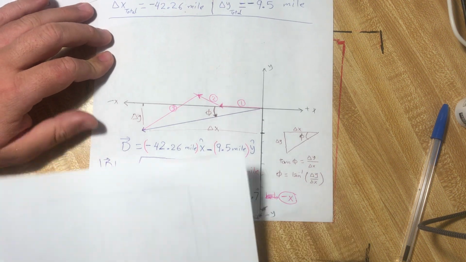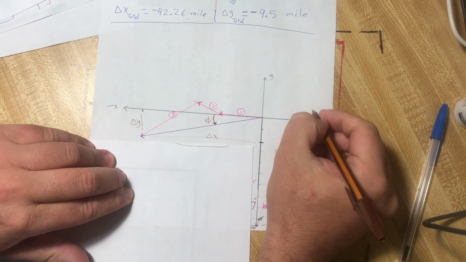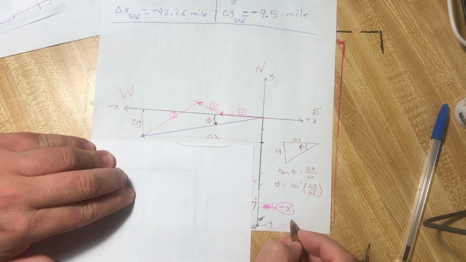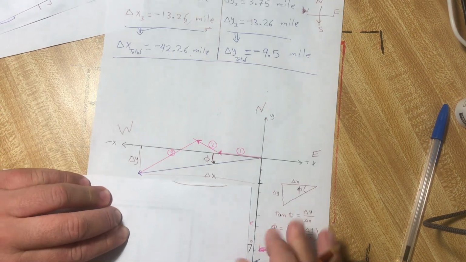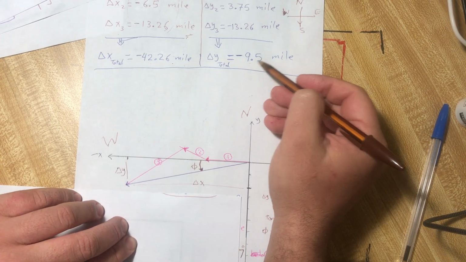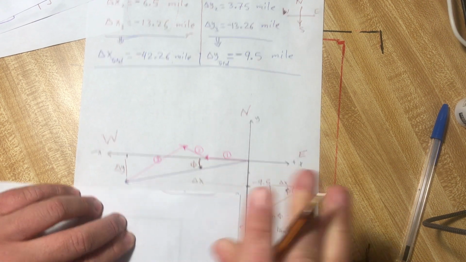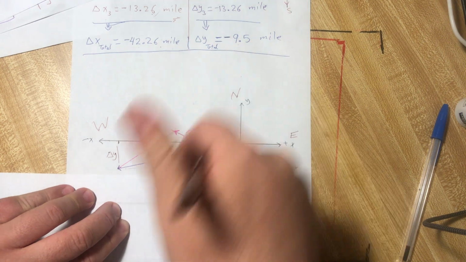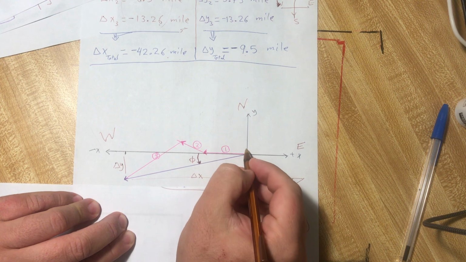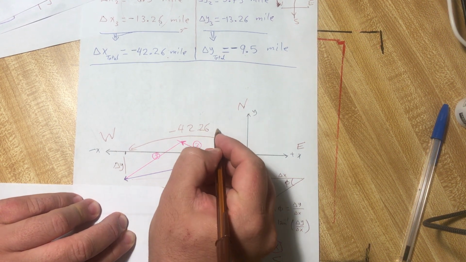I'll draw this xy plane. Positive x means east, this is north, this is west, and this is south. Its change in position is negative 9.5 miles. This is negative 9.5, approximately the same scale for its movement. And this is negative 42.26 miles.